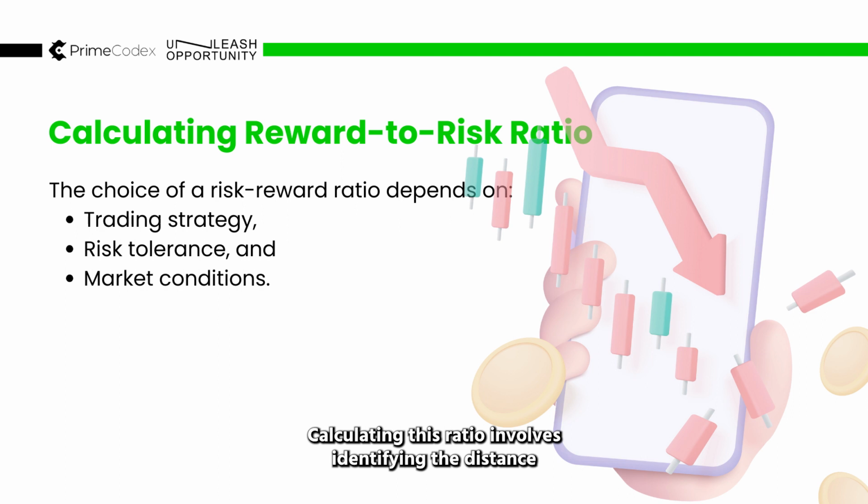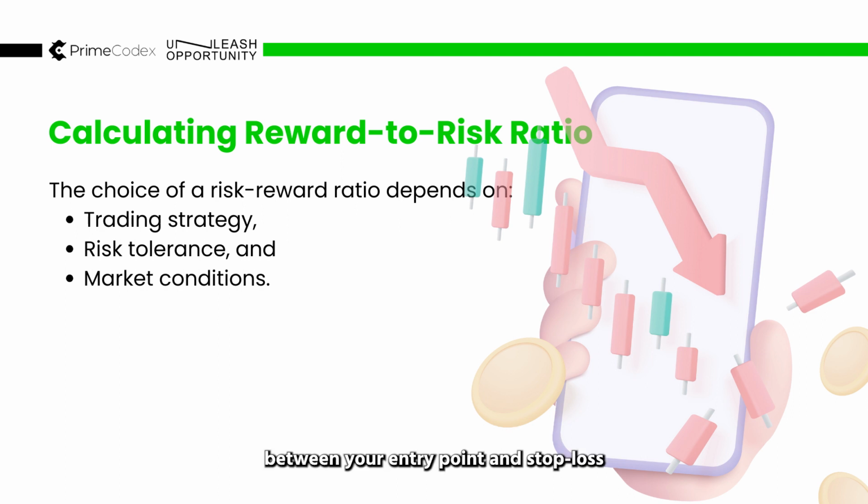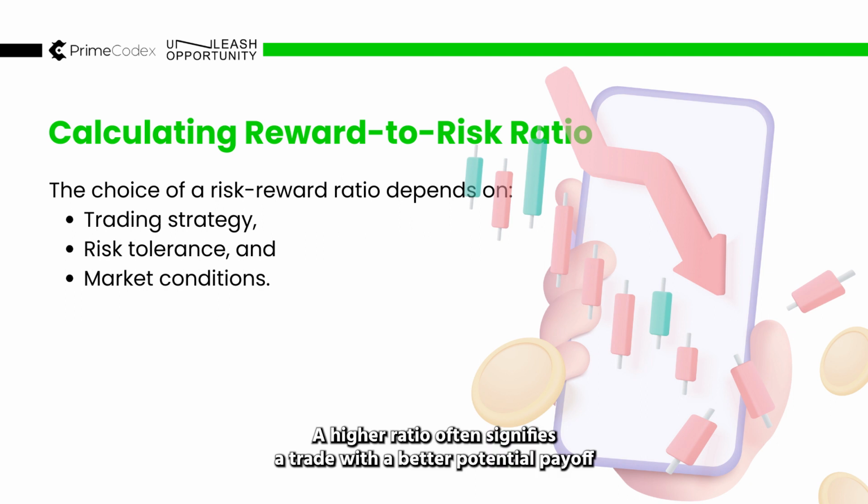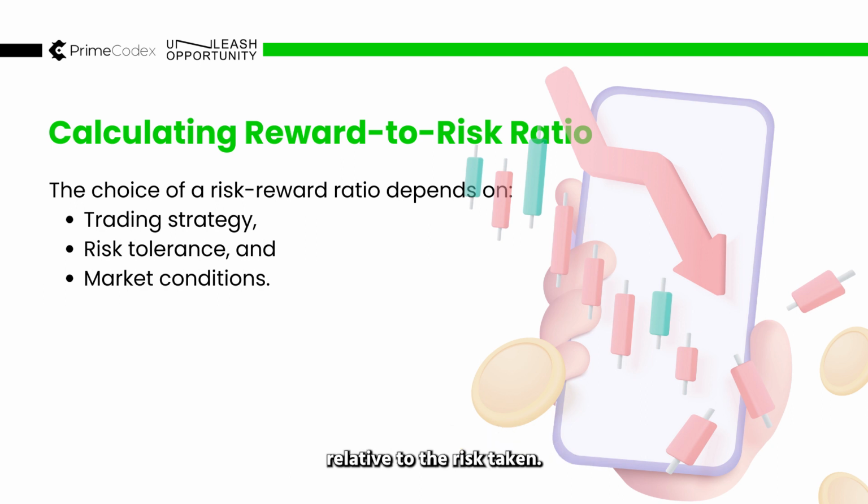Calculating this ratio involves identifying the distance between your entry point and stop loss and comparing it to the distance to your take profit. A higher ratio often signifies a trade with a better potential payoff relative to the risk taken. It's important to note that a good risk-reward ratio should be part of a broader risk management strategy.